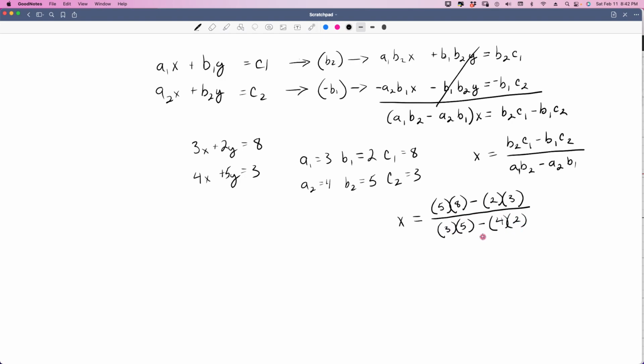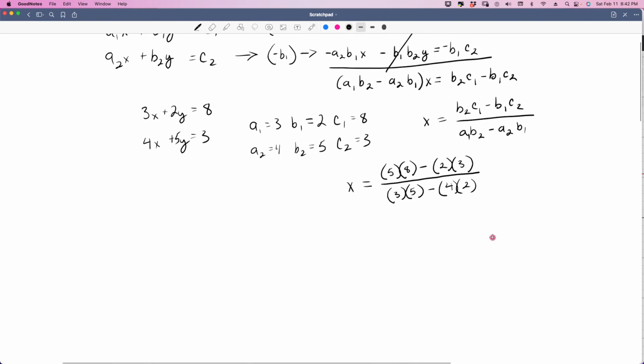So we can solve this way without having to do all of the other work. So then that means that we have 40 minus 6 over 15 minus 8, which equals 34 over 7. That is our value for x.